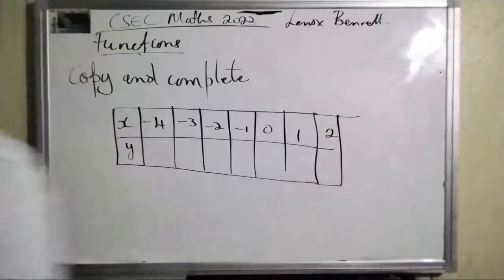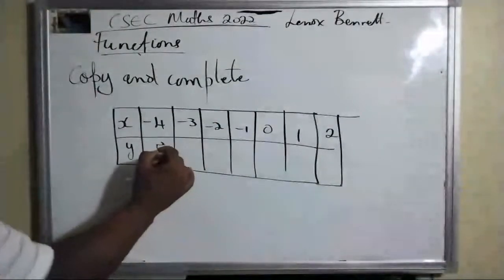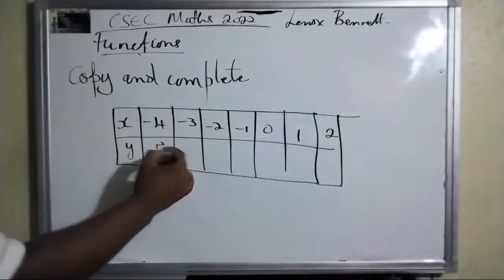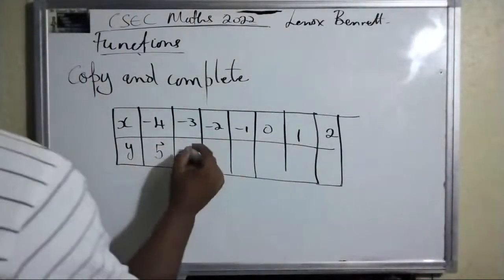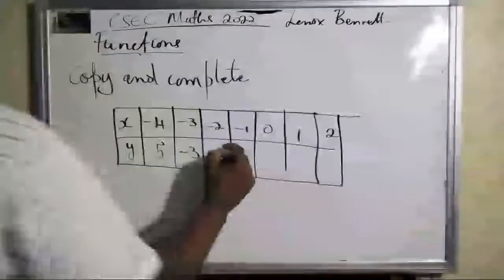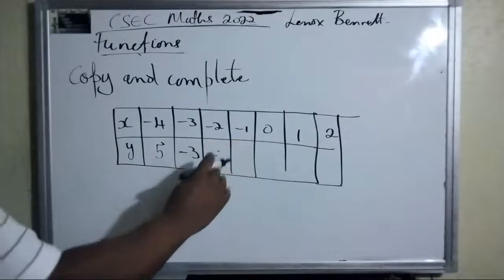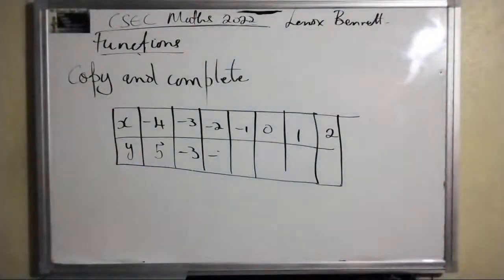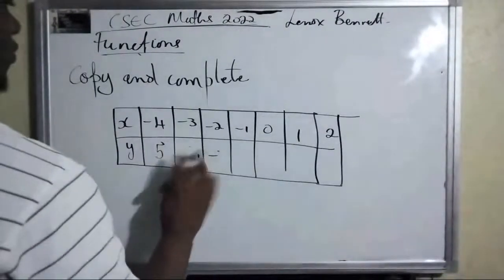Alright, they did give us some of the values. So this is 5. This was negative 3, negative 2, it was what? No. Negative. Oh, they didn't give us for 3, sorry. It was actually for 2.